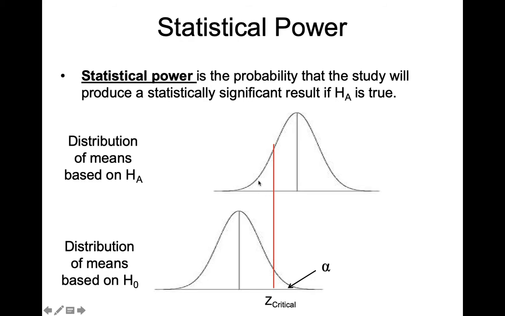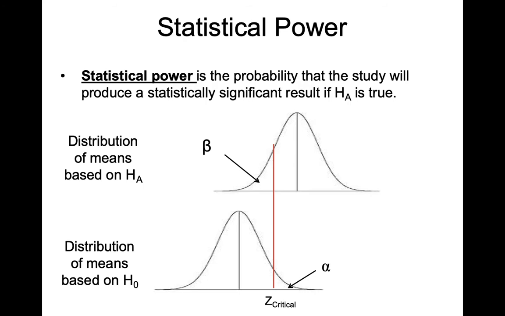And it would be so low that it wouldn't fall in the critical region on the distribution of means associated with the null hypothesis. Okay, so in that case, even though our class works at a population level, it would be possible to sample a mean on the low end that wouldn't provide sufficient evidence that it worked, because we would fail to land in the critical region and we wouldn't surpass our Z critical. Okay, and so that's beta.